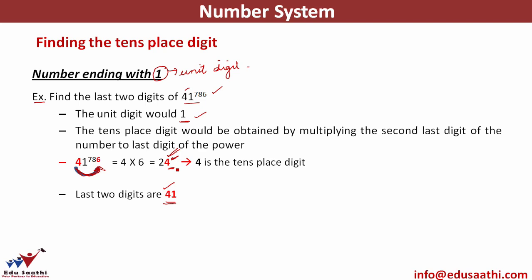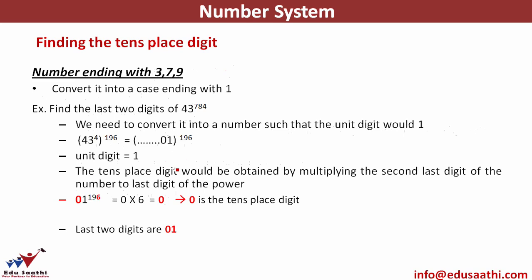Let's move ahead and let's look at numbers ending with 3, 7 or 9. So if the unit digit ends with 3, 7 or 9, I will convert it into a case ending with 1 and then proceed ahead with the method that I have learnt already for a number ending with 1. Let's look at an example.